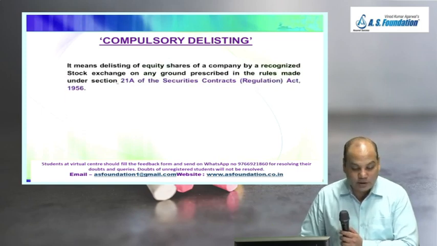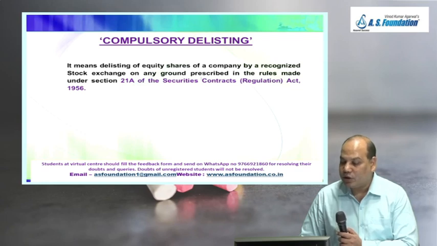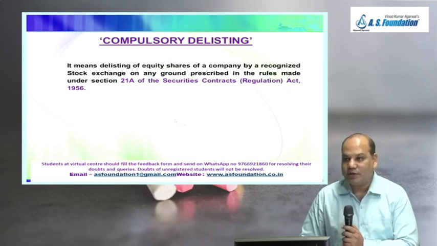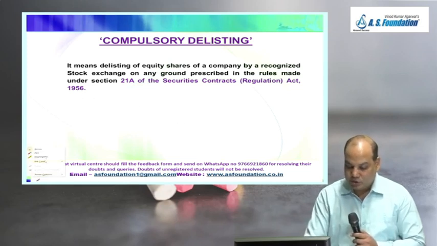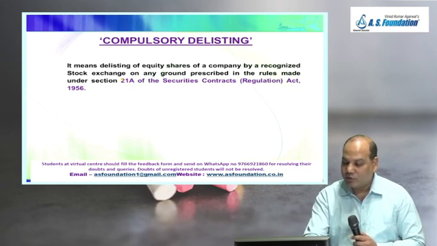What is compulsory delisting? Compulsory delisting means delisting of equity share of a company by a recognized stock exchange on any ground prescribed in the rules made under Section 21A of the Securities Contracts Regulation Act 1956, which is not printed in your study material. What is this Section 21A?